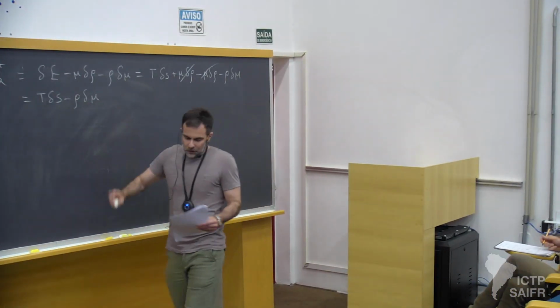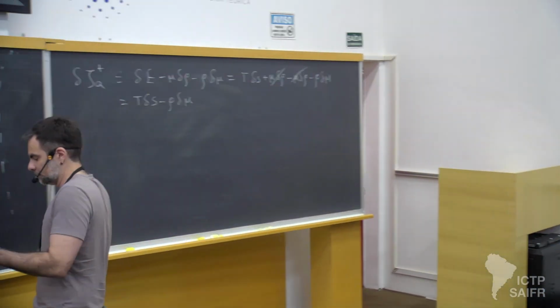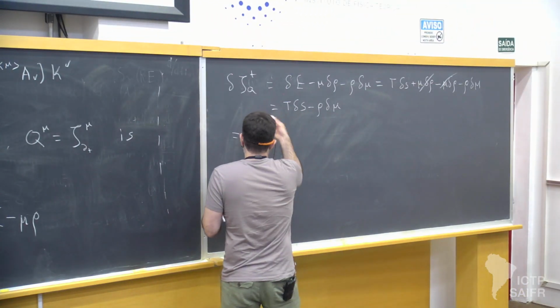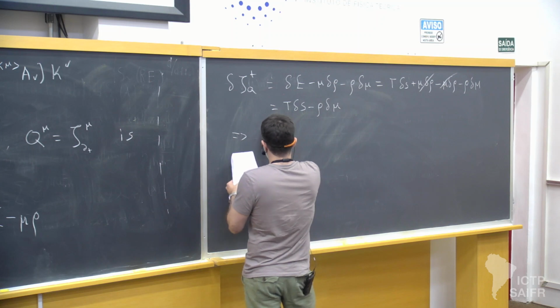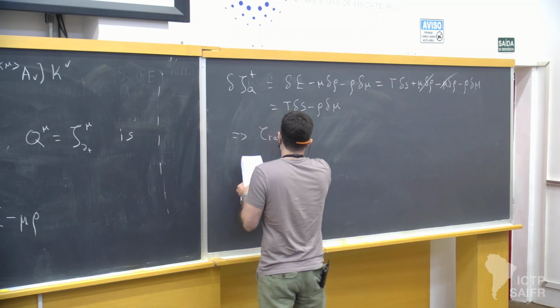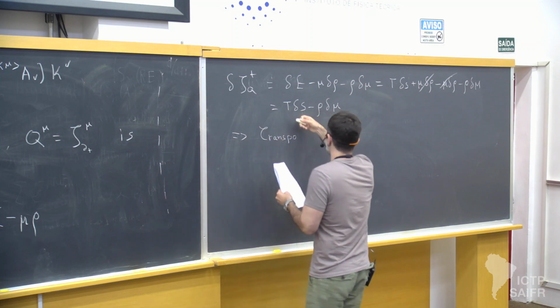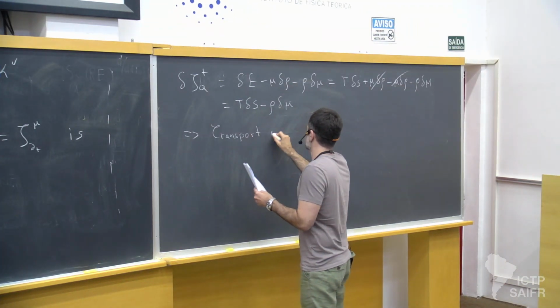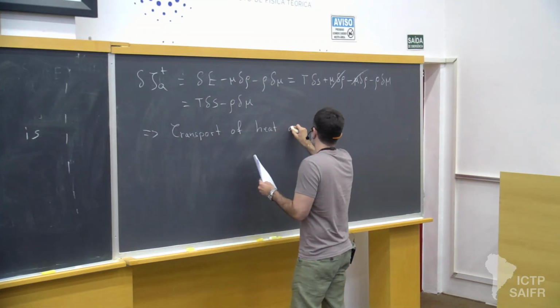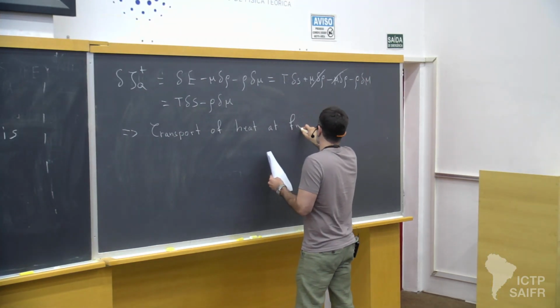So the time component of this vector is really describing transport of heat, which is T delta S, at fixed chemical potential.